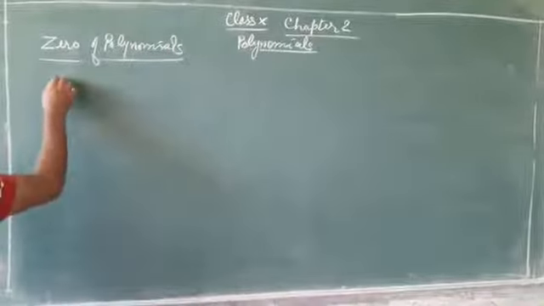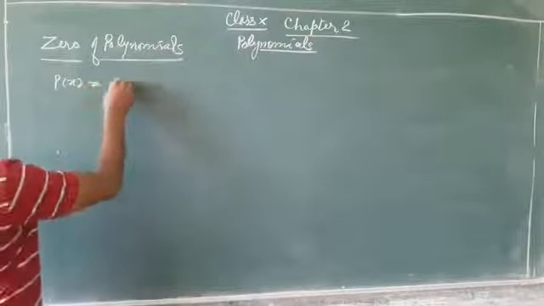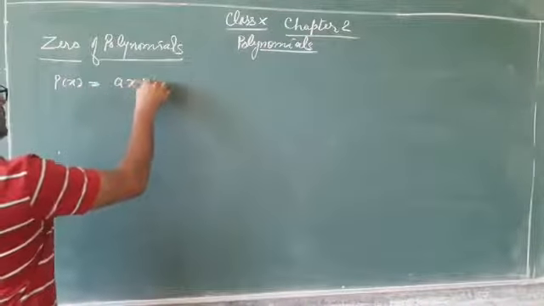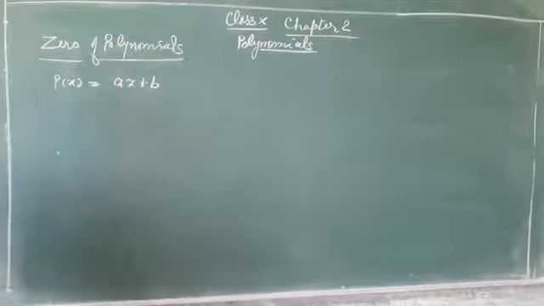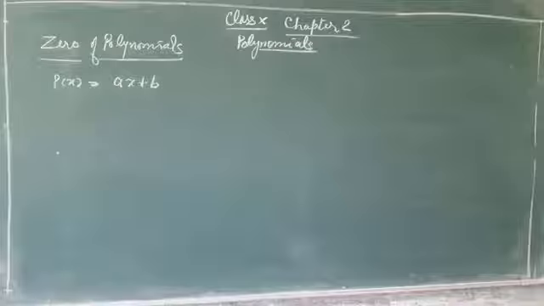Suppose that p of x is the polynomial ax plus b. So the zero of this polynomial is the value of the variable at which the polynomial becomes 0.